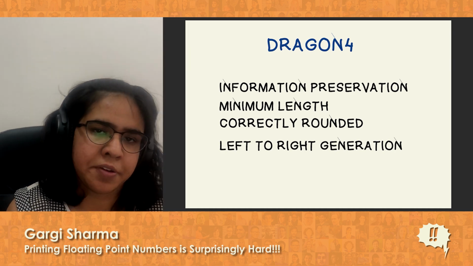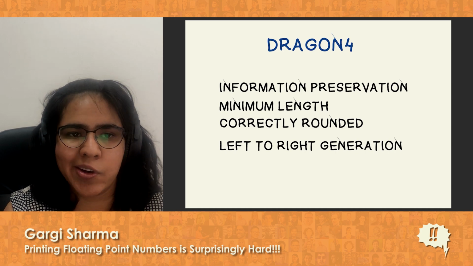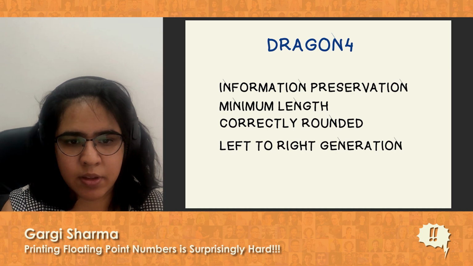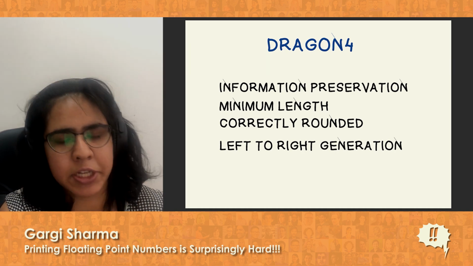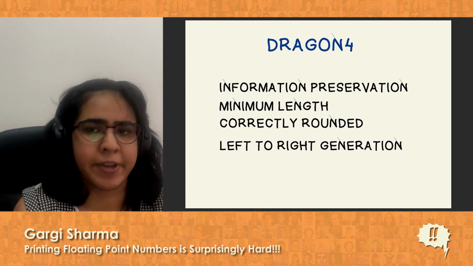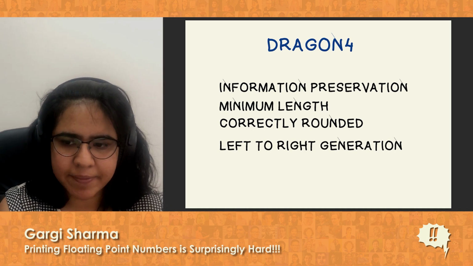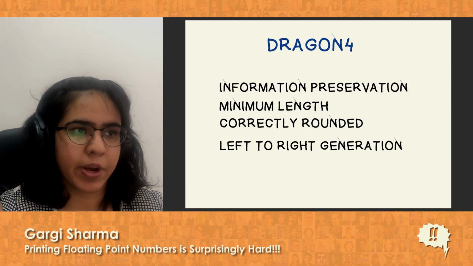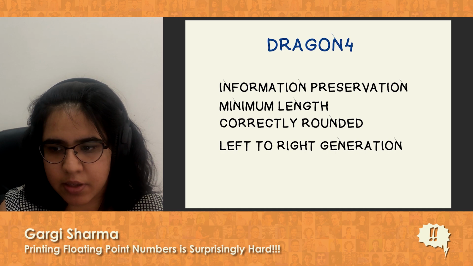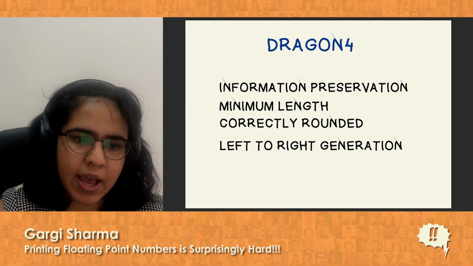They put across four criteria to say how you print the correct representation of a floating point number. The first was information preservation, or you can also call it round tripability. The idea is that whatever you write and read back should be the same number.